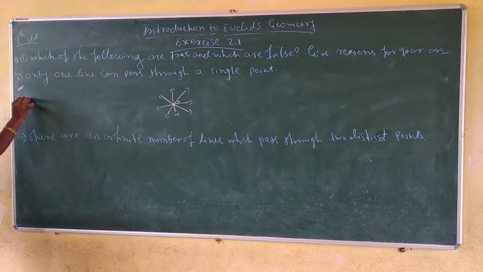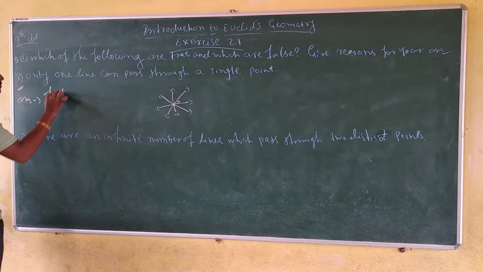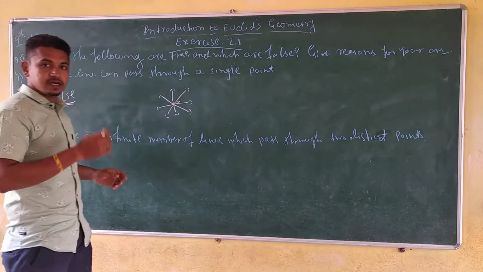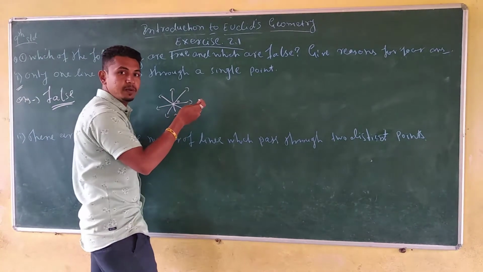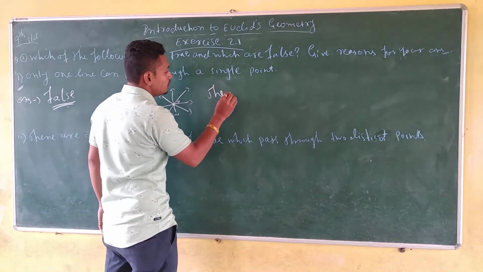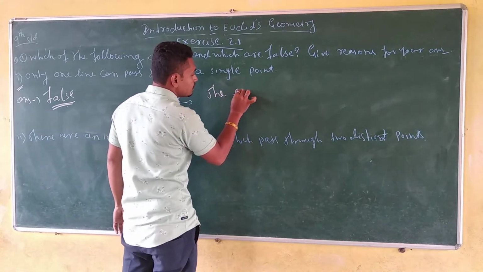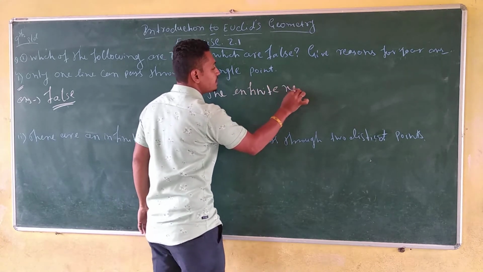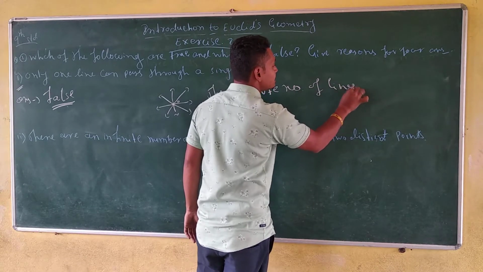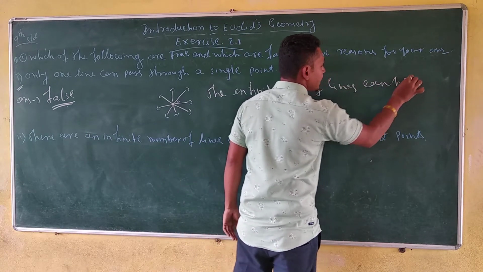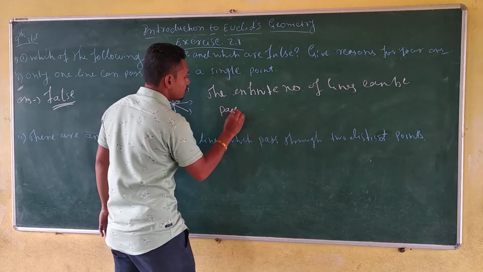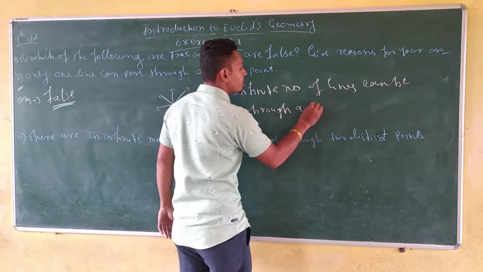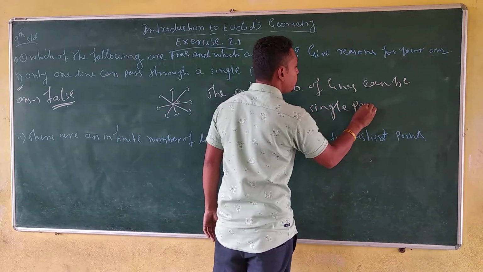So your answer is false. And your reason: an infinite number of lines can be passed through a single point.